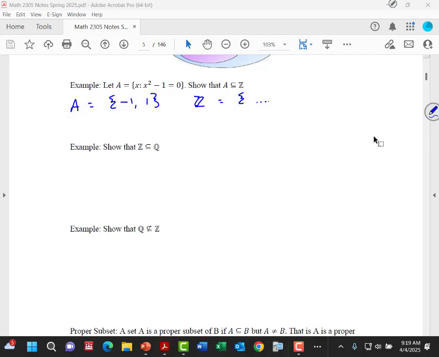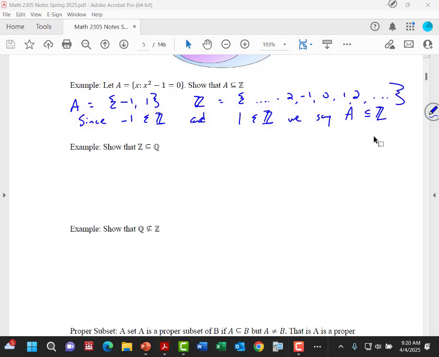So that is this set, -2, -1, 0, 1, 2, etc. The positive and negative whole numbers. And so I would simply notice that since -1 is an integer and 1 is also an integer, every element in A is also in Z, so we can say that A is a subset of Z.